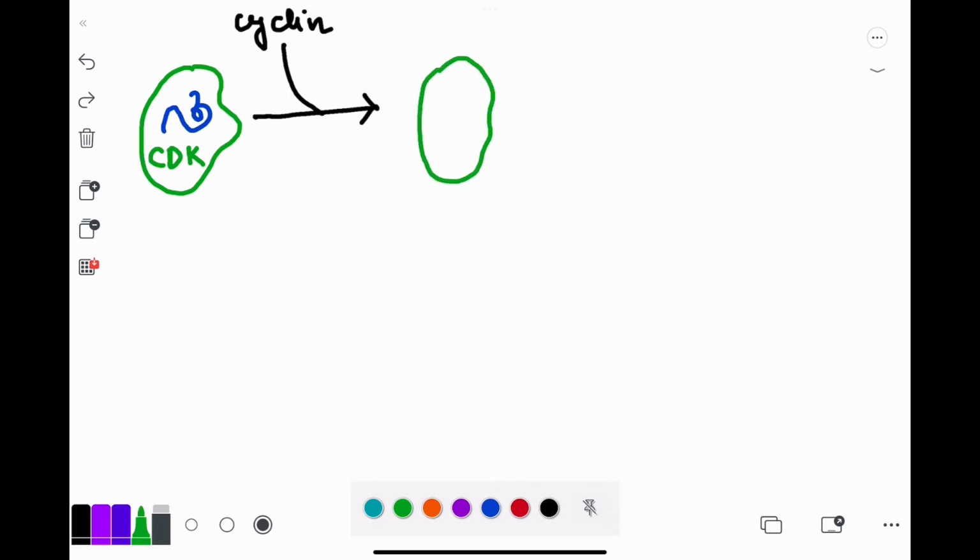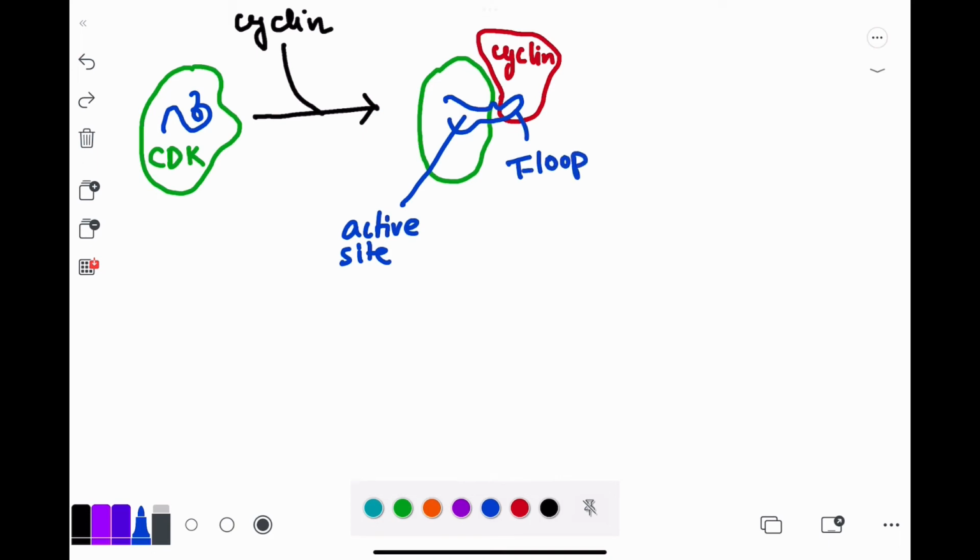This is the cyclin CDK complex, and it is partially active. This blue colored loop that you are seeing has the active site, and this part is known as a T loop.